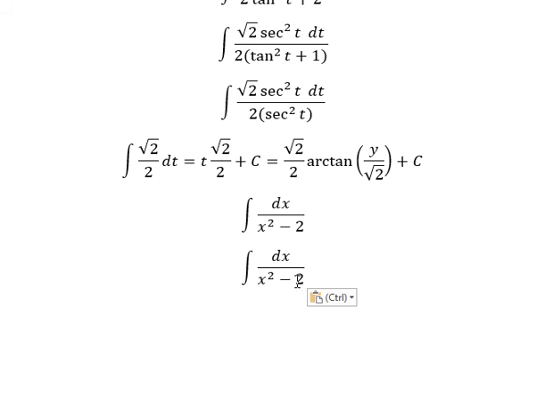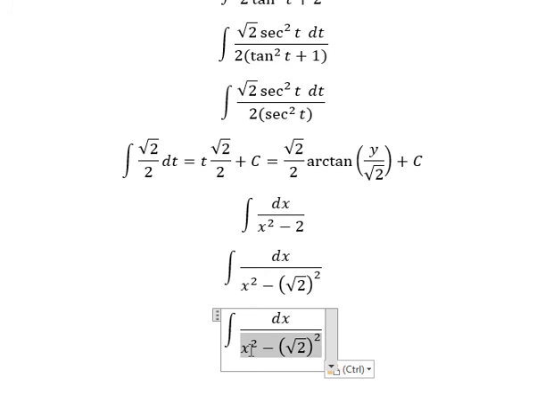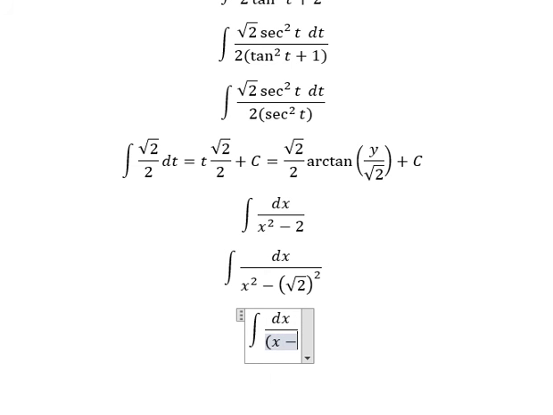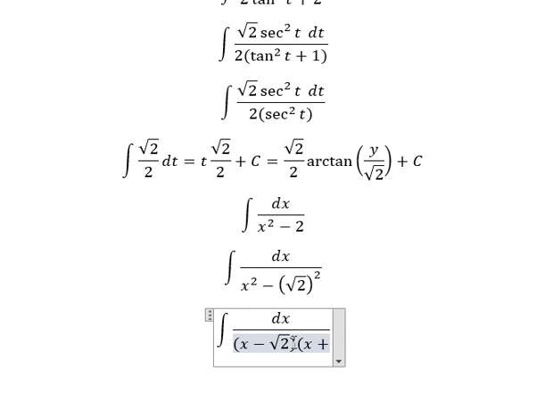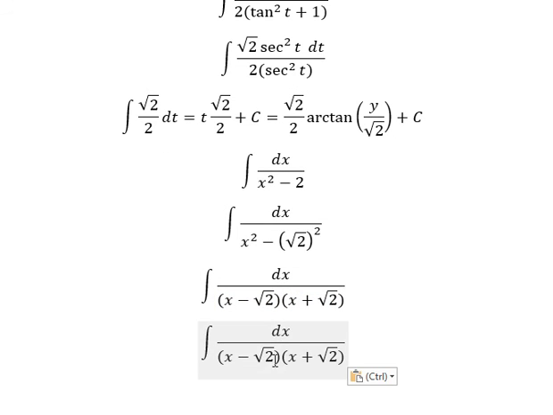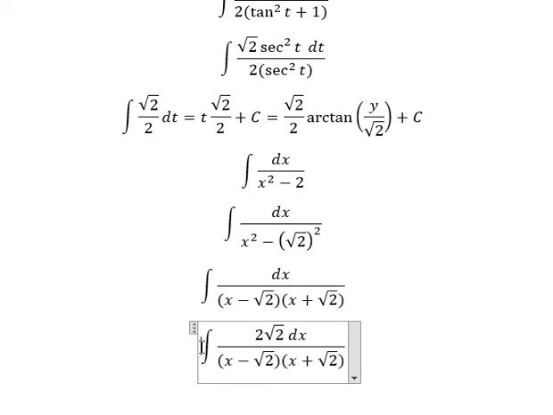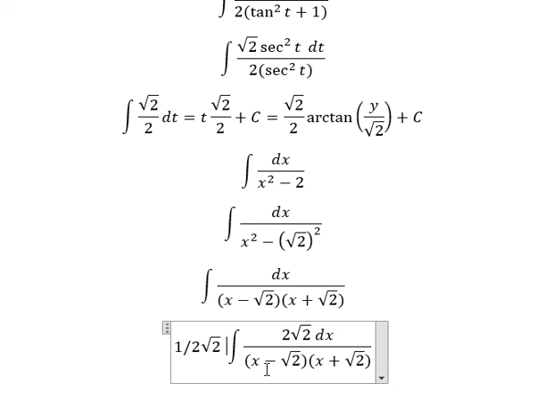For this one, number 2, we can write it as the square root of 2 to the power of 2. This one, that's the identity. So we can write it as s minus the square root of 2 multiplied by s plus the square root of 2. So in this situation, I will put 2 times the square root of 2 on numerator and denominator, because I want to create the factor in here.